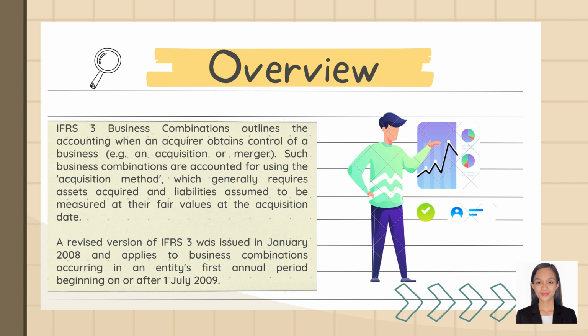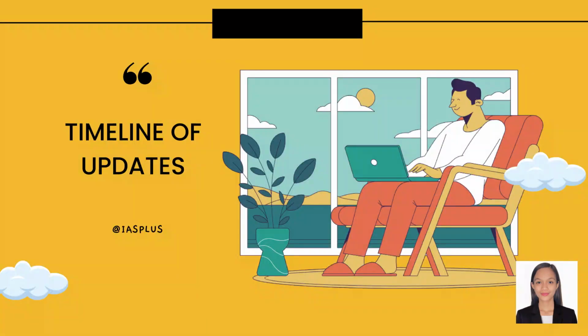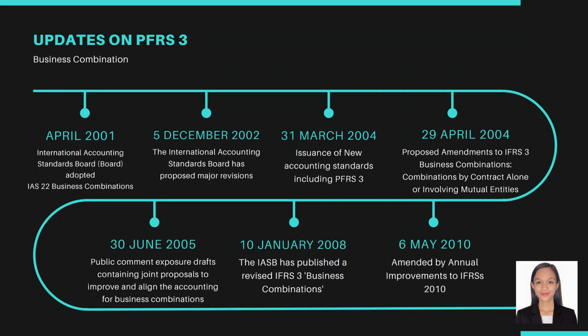Yan. Let's go. Here, timeline of updates. First is in our updates on PFRS 3, April 2001. So what happens here? In April 2001, the International Accounting Standards Board, which is the standard setting body who issues the standard, adopted IAS 22 business combinations. So, nalaman natin ngayon na hindi siya as is na PFRS 3 or IFRS 3.